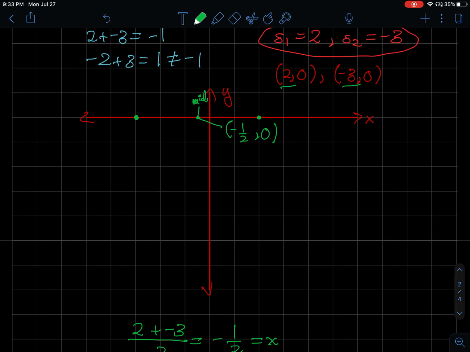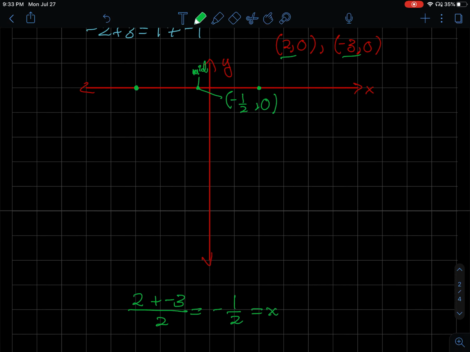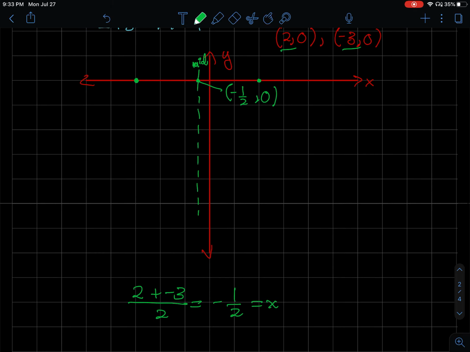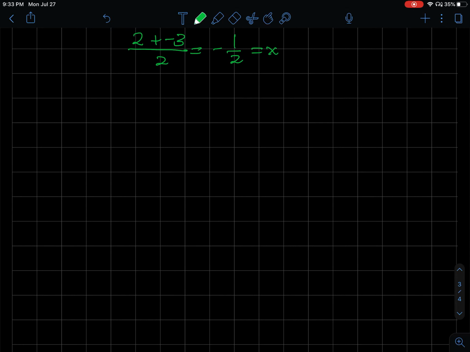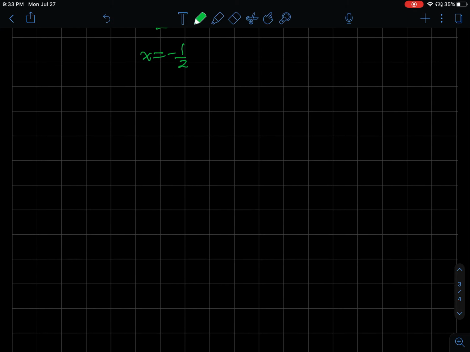Now we want to find where the vertex is located when x equals negative 1/2. So it's obviously going to be somewhere on this line. Where is that? Well, how can we find the y-coordinate when we're already given the x-coordinate? We saw that in the last video. It's easy. All we're going to do is let x equal negative 1/2, and plug it into the equation, just like what we did before.